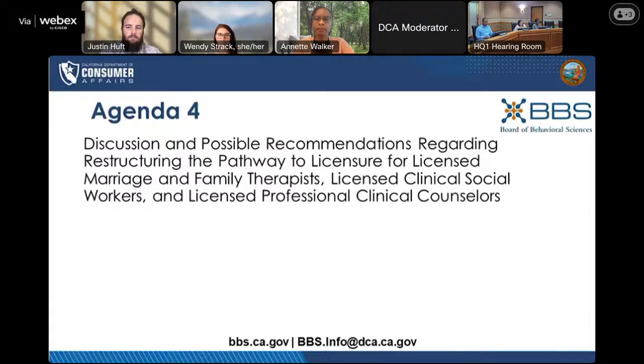Usually those states have very much smaller license populations than our board. We have 150,000 people. These states sometimes have licensees in the hundreds or low thousands. So they have a little bit more of an opportunity to be able to do something like a petition on a case-by-case basis. We would likely get a large volume of requests.